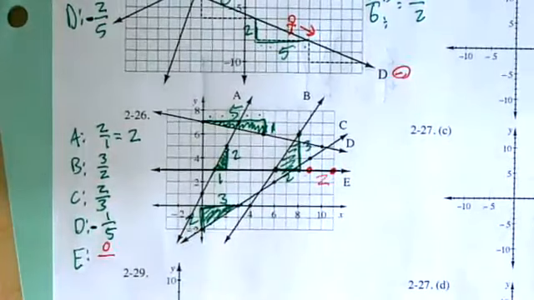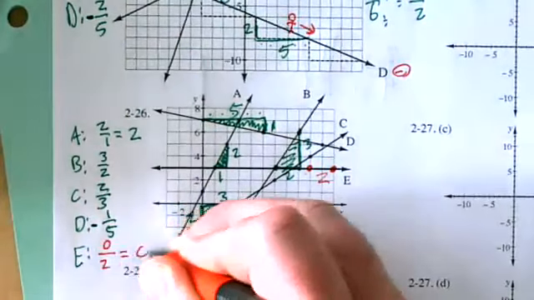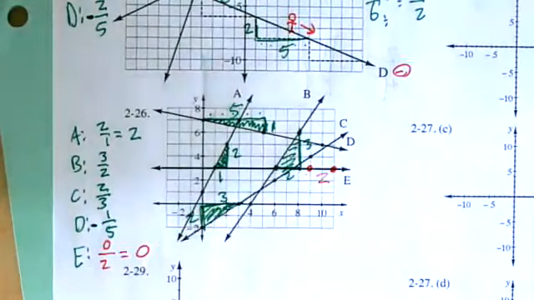If you picked some different points, your change in X might have been 3 or 5 or something like that. But it doesn't really matter because what is 0 divided by anything? 0. So the slope for E is 0. If I asked you, is the slope for E positive or negative, what would you tell me? Neither. No, right? 0 is the only number that's not positive or negative. It's like right in the middle.